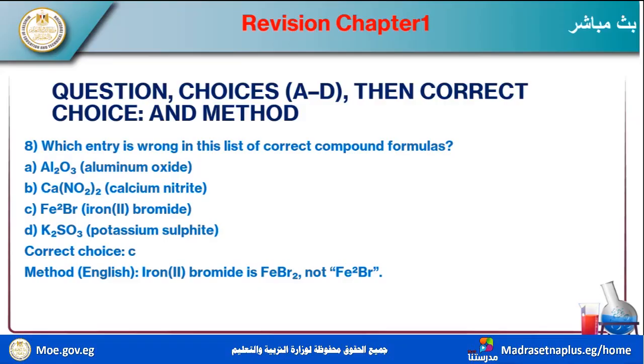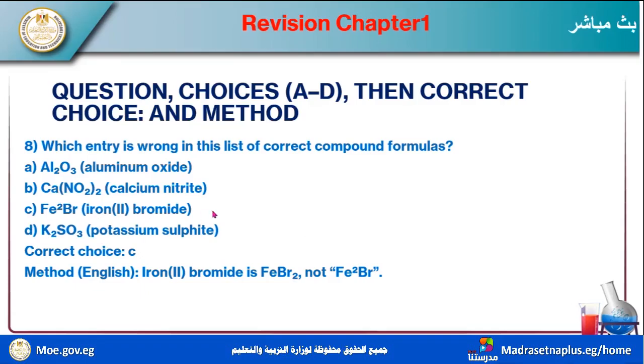Okay, number 8. Which entry is wrong in this list of correct compounds? Al2O3, aluminum oxide. Calcium nitride. Yes, it's true, right? Fe, this is divalent, no, that's not true. K2SO4, K2SO3, this is true.